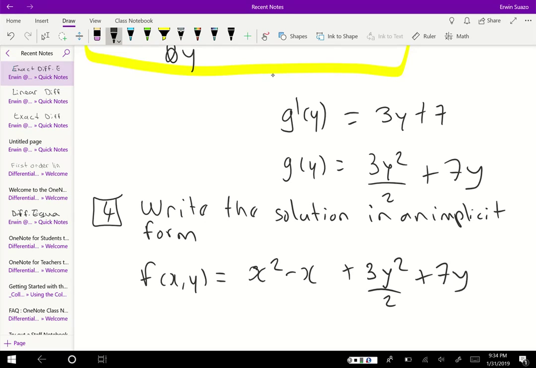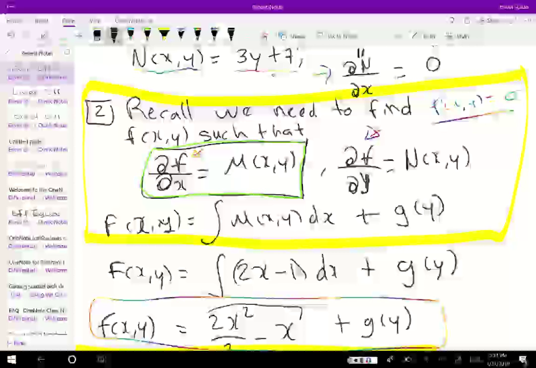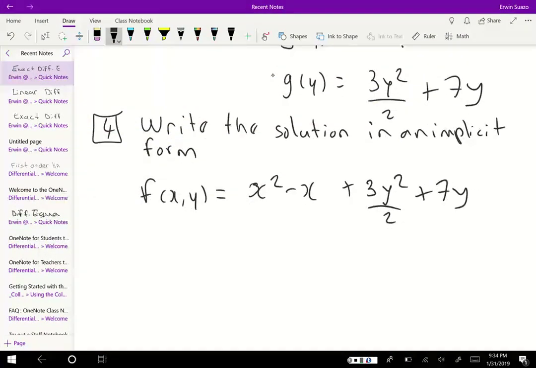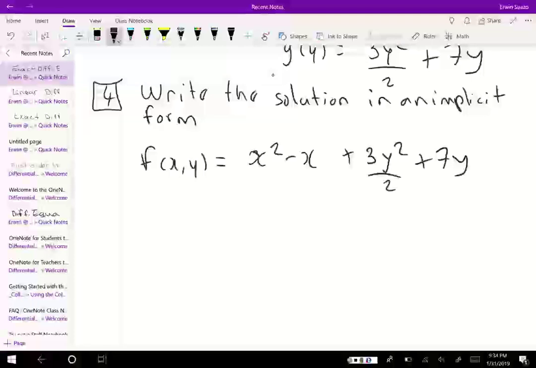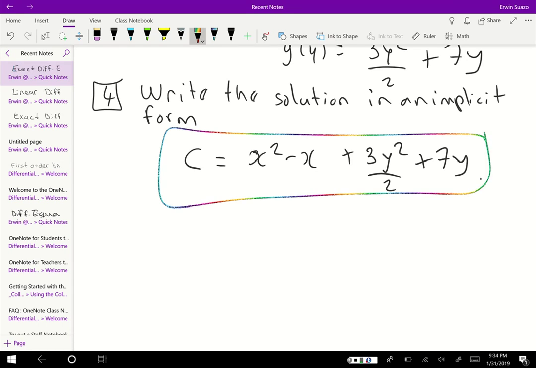And we don't need to write the plus c over here, because as we said, we're looking for this f of x,y equals a constant. This is the path that the particle is going to follow, so writing the solution in an implicit form means writing it like that. The whole equation will be equal to a constant. Now that's my solution. Let me mark it like this. This is my solution.